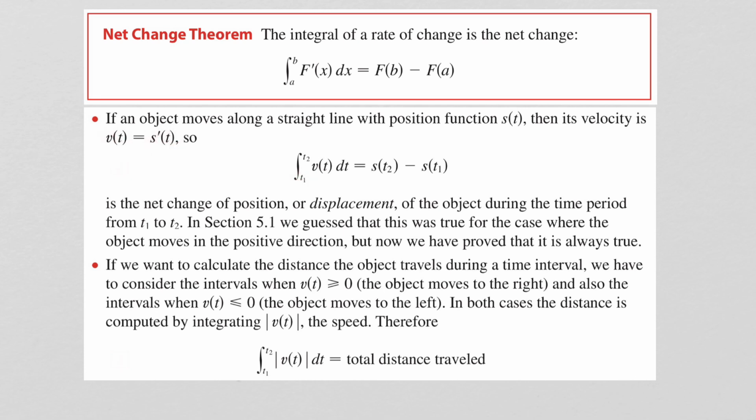So if we integrate the velocity function, the velocity is the derivative of position. So we know that's going to be the position evaluated at time 2 minus the position evaluated at time 1. So you're just looking at the net change in the position. This is called the displacement of the object. And it can be positive or negative.